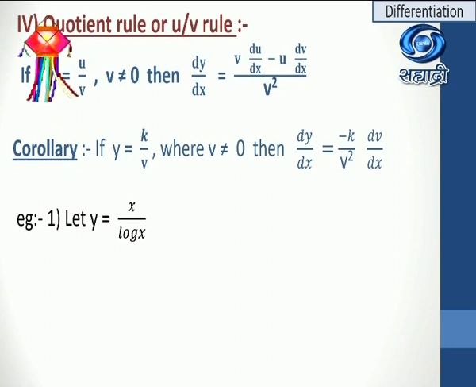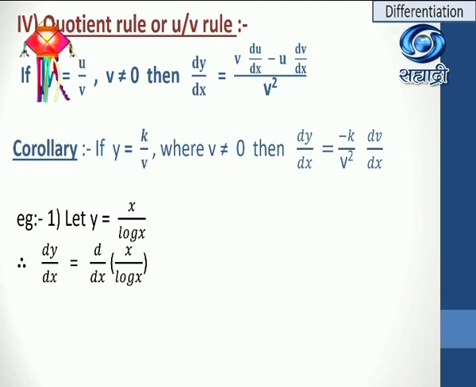For example, let y is equals to x upon log x. So derivative of y with respect to x is equals to derivative of x upon log x with respect to x. Here numerator is x and denominator is log x. So find out the derivative of this function by using quotient rule. We know that quotient rule starts from denominator. Denominator into derivative of numerator minus numerator into derivative of denominator upon denominator square.